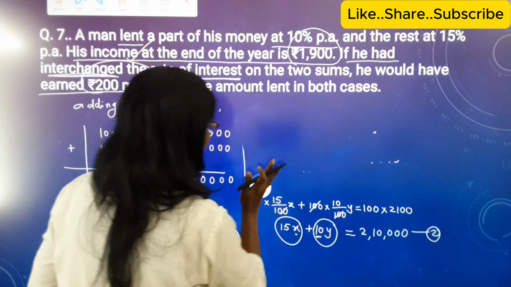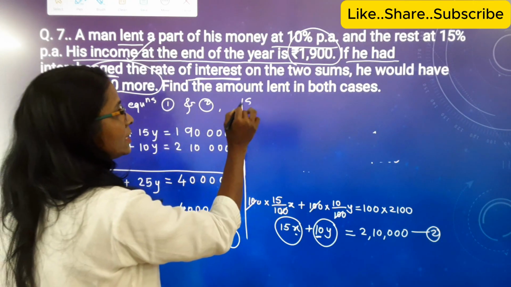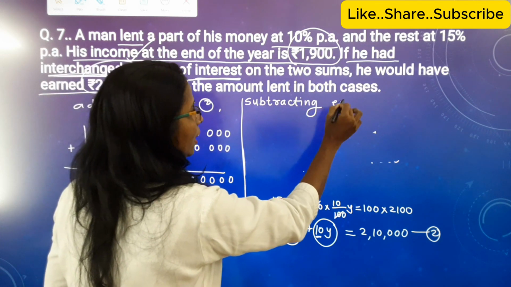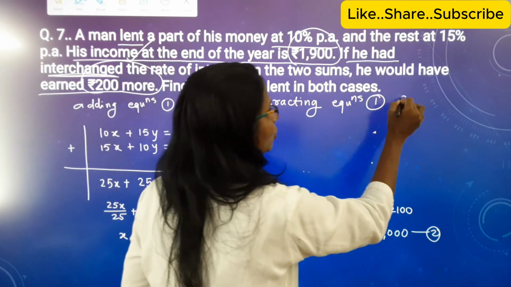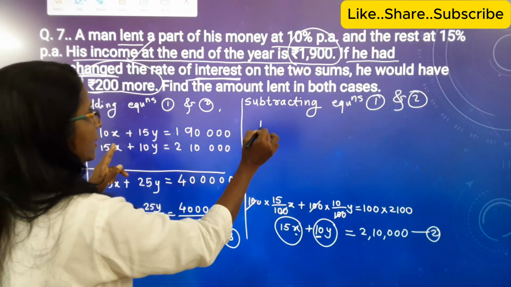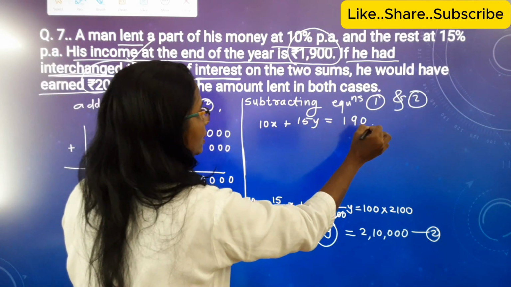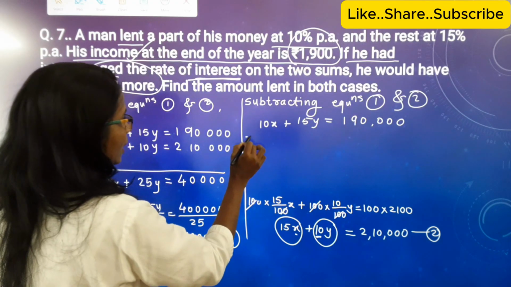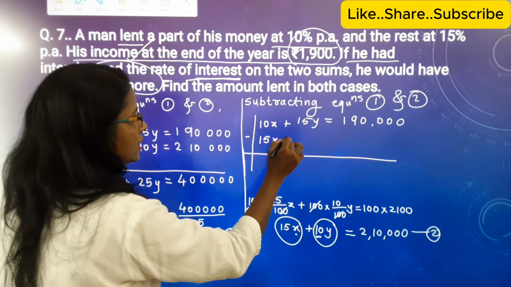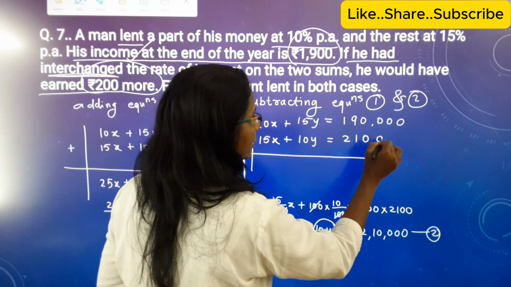First we added equations 1 and 2, then again we subtract equations 1 and 2. So we subtract the first one, 10x plus 15y is equal to 1,90,000, and then 15x plus 10y is equal to 2,10,000.